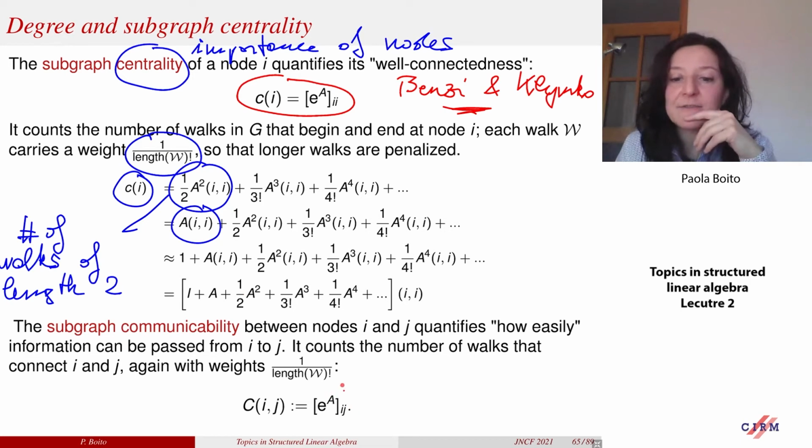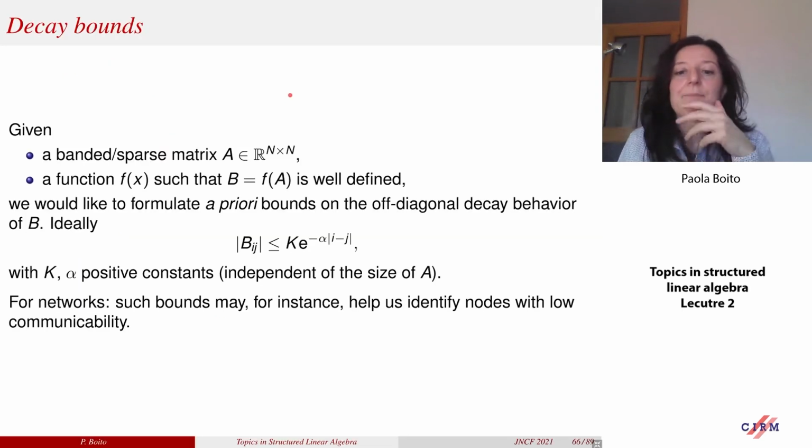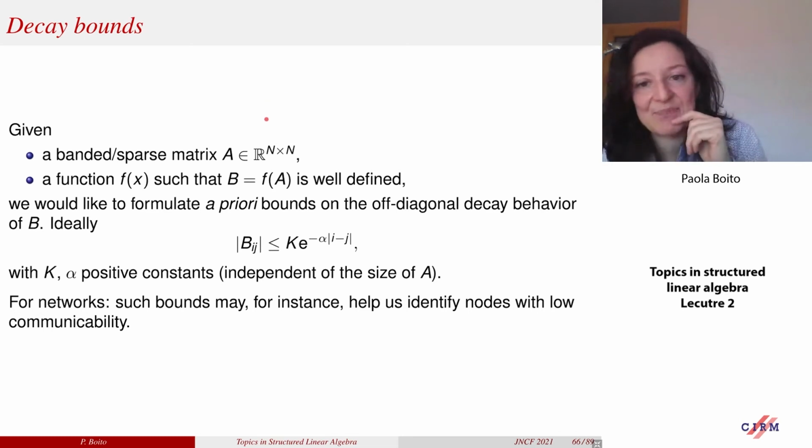And if we look at the off-diagonal entries, clearly we can repeat the same argument, and we end up observing that the ijth entry of the exponential of A counts the number of walks with weights from node I to node J. So in some sense, it measures how easily information flows between these two nodes. And so it can be seen as a measure of communicability. This was an application we had in mind, and I will come back to this later to show a couple of numerical experiments.